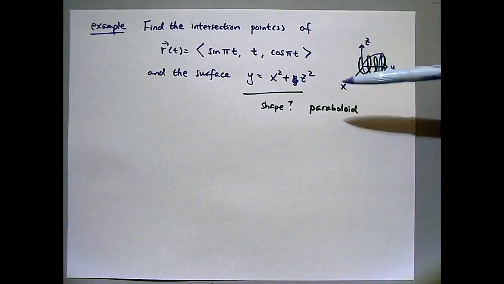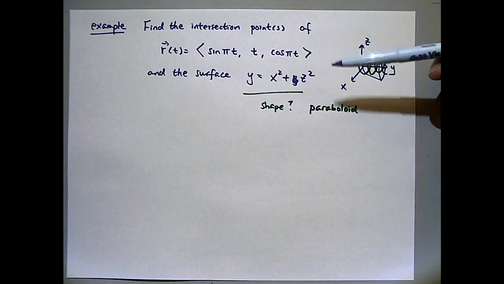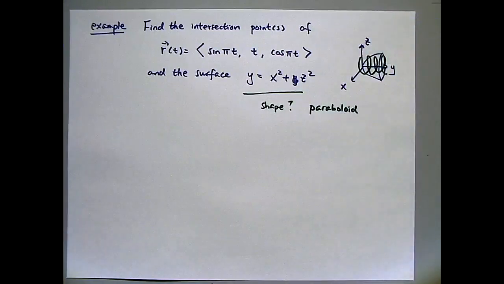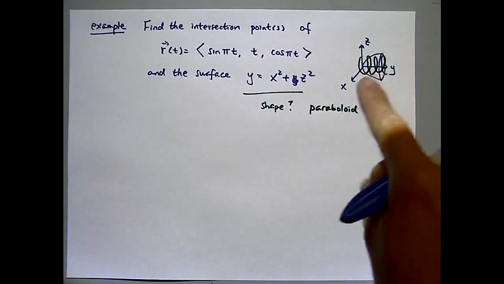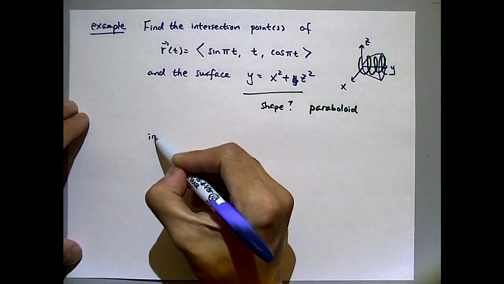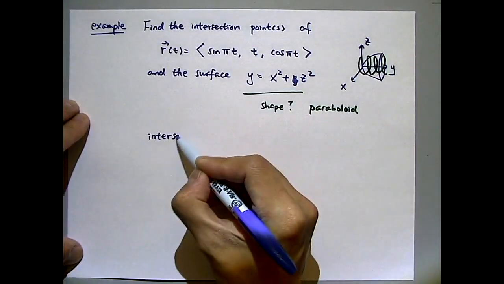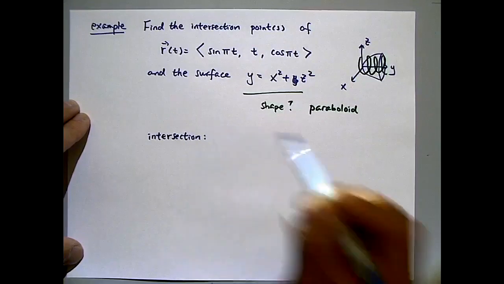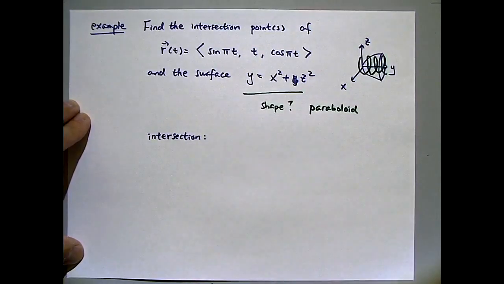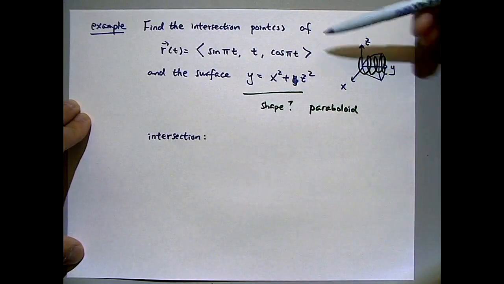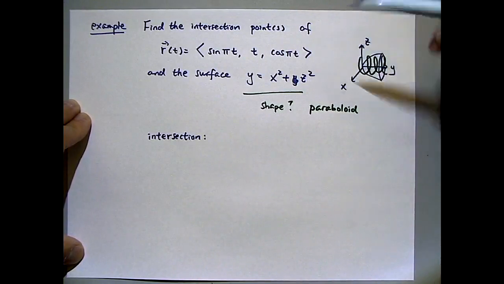And to solve this problem, it's exactly the same as the problem we solved earlier. A couple lessons back, we looked for the intersection of a plane and a line, right? You remember that? Same thing here. Remember, intersection means that there's one point that's on the space curve and the surface.